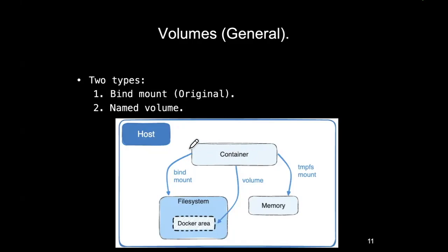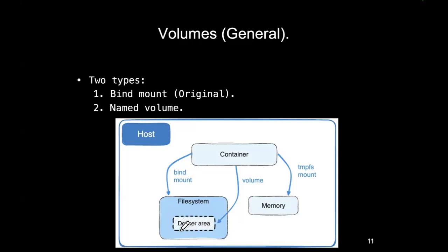The big white box is our host, and this gray box is the host file system. When you start up the Docker engine, it creates its own set of files and folders that are private to it.